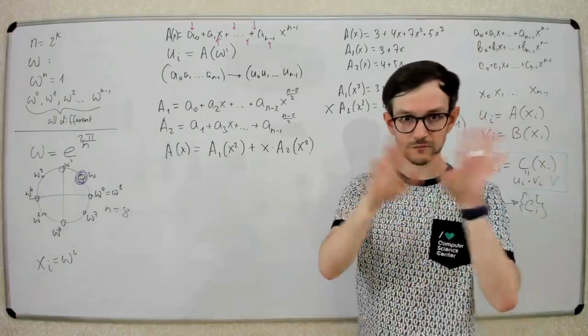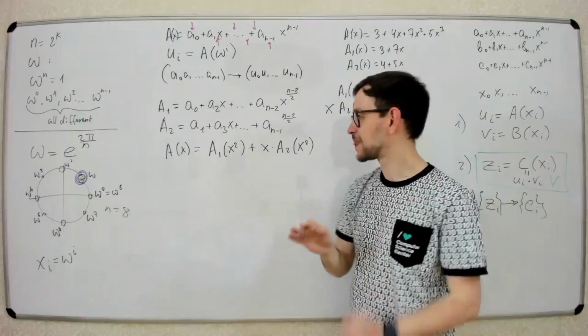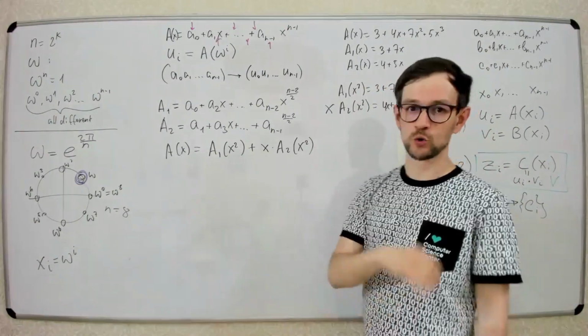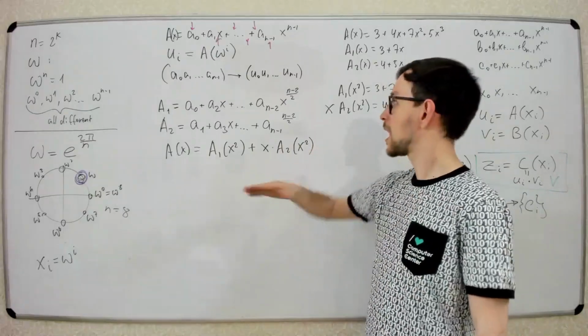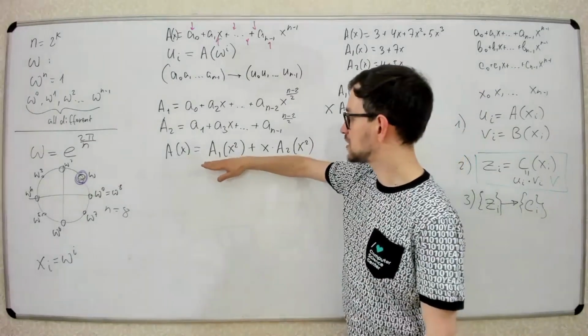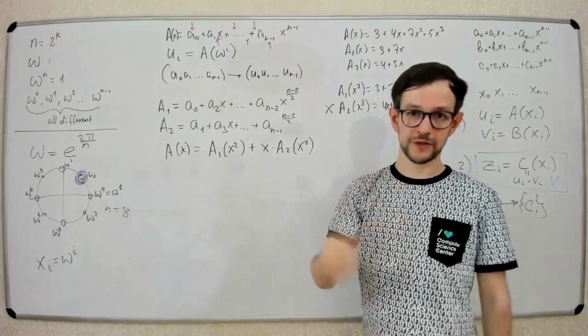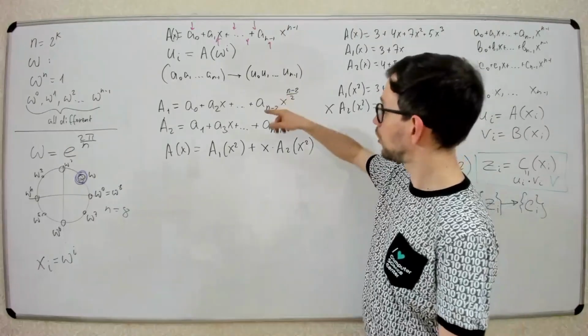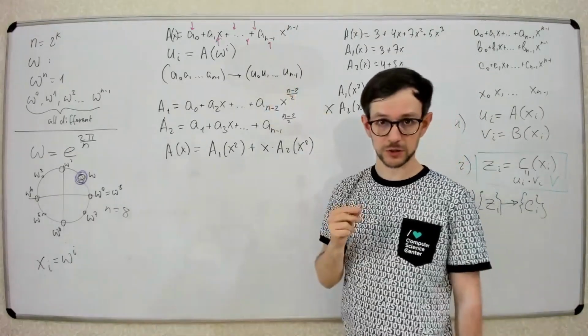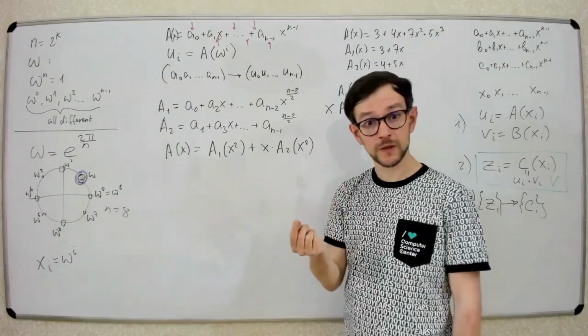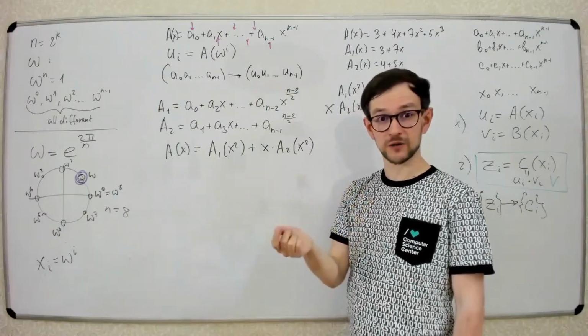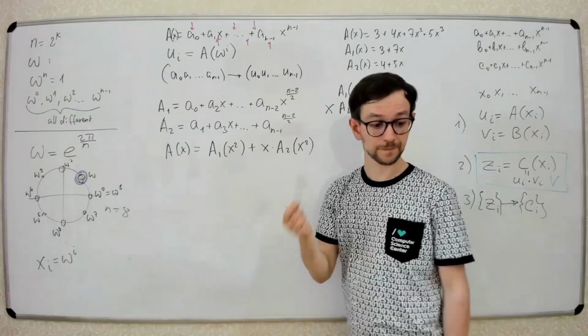So right now, what we did, we divided a polynomial into two polynomials of half size. But now for these two polynomials, we need to calculate the values for these n points. That's not good. I want to calculate values for only n over 2 points.